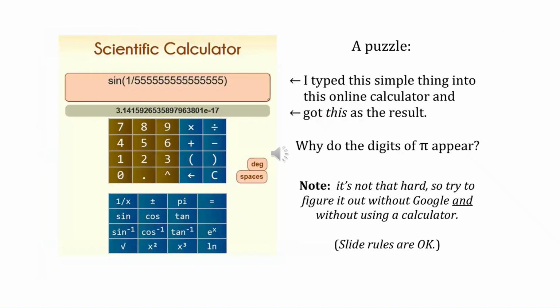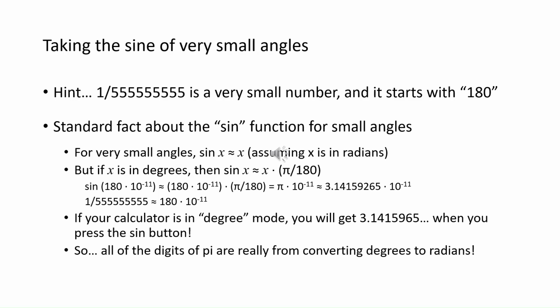Why do you get all of these digits of pi? Everybody kind of scratched their head about that for a minute. There is a reason, and Mike goes on to explain this a little bit more in a minute.